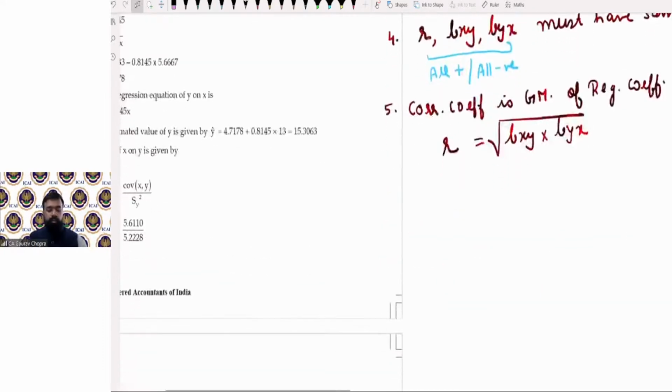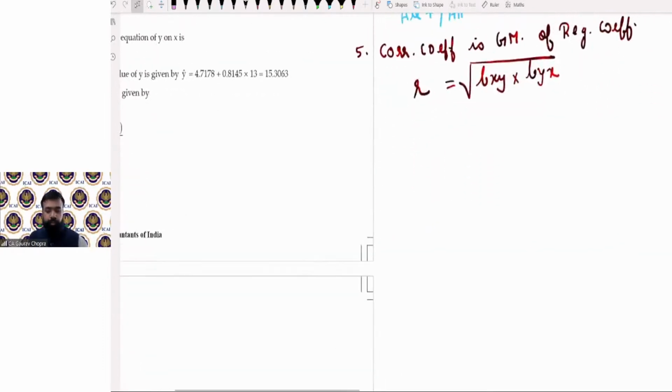So now, after these properties, let me give you one simple question. Question is bxy is 1.2, byx is 0.75, and both are negative.